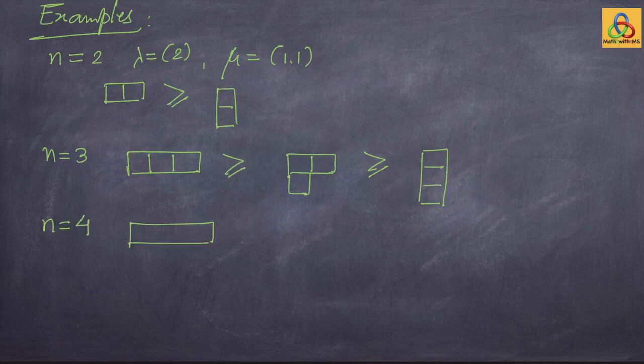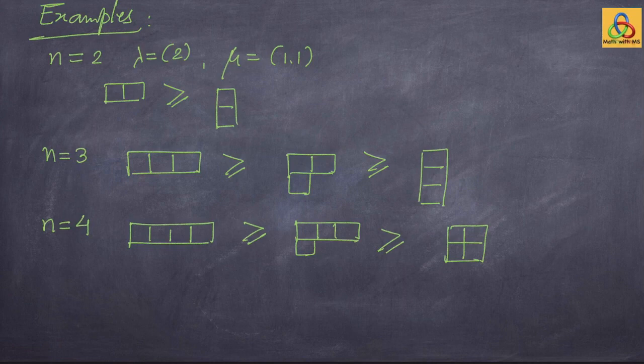Let us look at n equals 4. Look at this partition of 4, which is just 4. This is bigger than or equal to this partition of 4. This is bigger than or equal to this partition of 4. This is bigger than or equal to this partition of 4, and this is bigger than or equal to the partition 1 1 1 1.